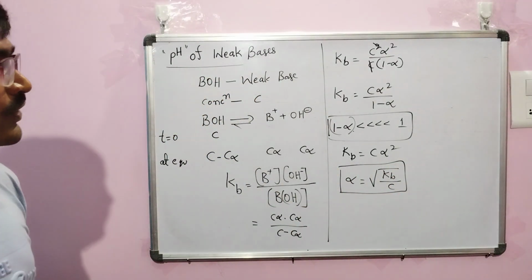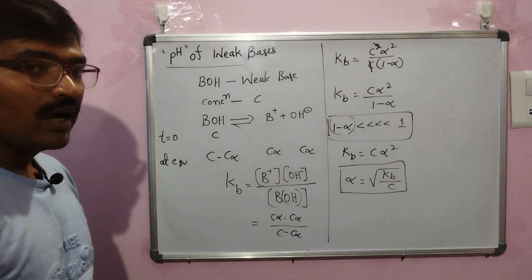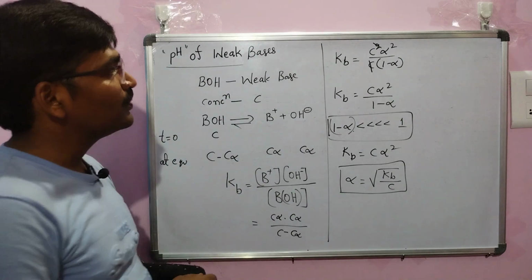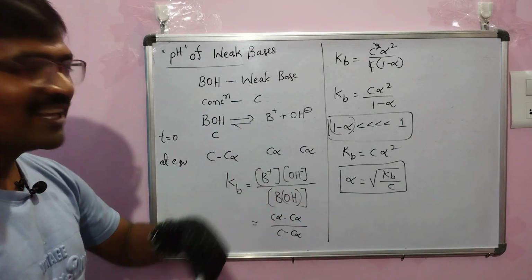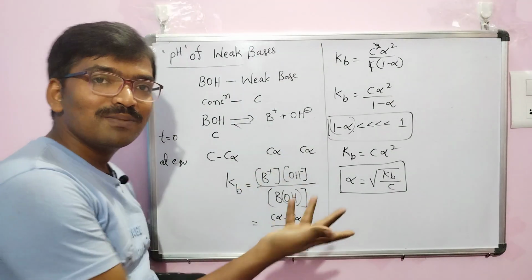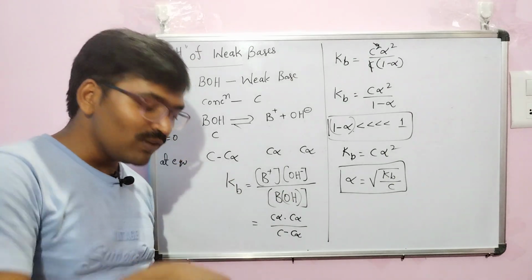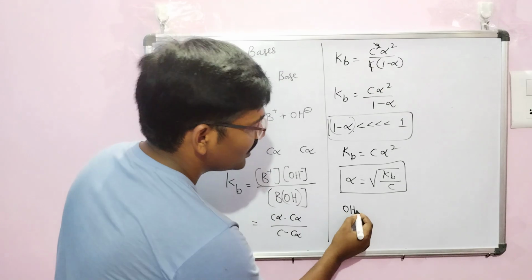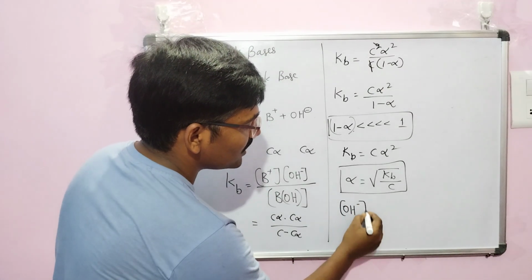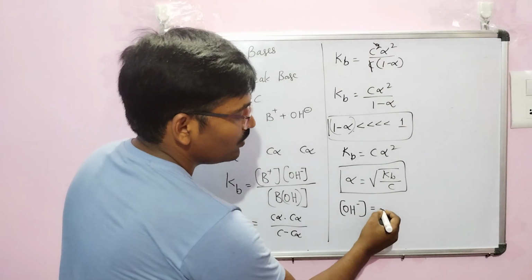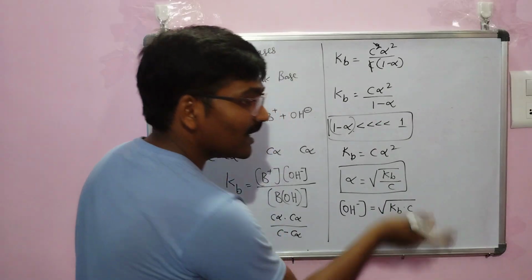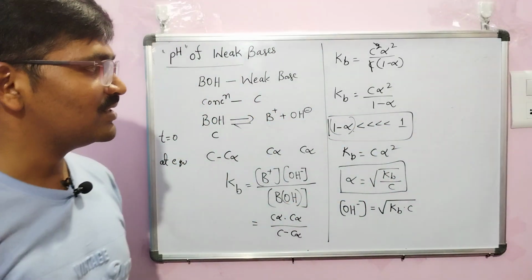Here it is just the alpha value only. For a base BOH, there is OH minus ion concentration, not H plus ion concentration. So first we have to calculate the OH minus ion concentration. OH minus ion concentration equals the square root of Kb into C, similarly like weak acids.